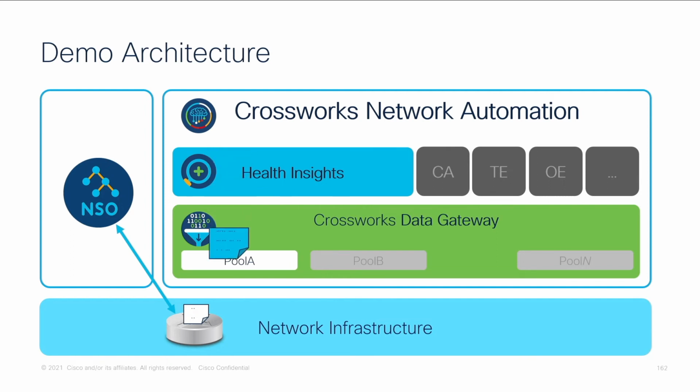That in turn will ask the Crossworks data collector to begin the data collection process that will go into the Health Insights dashboard. So I think that we're ready to run this.